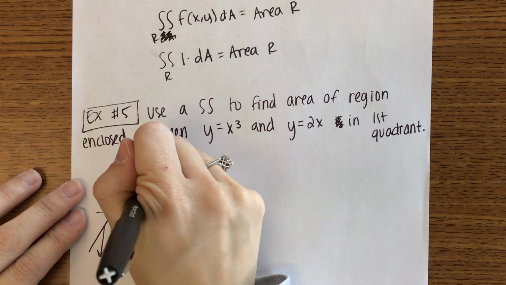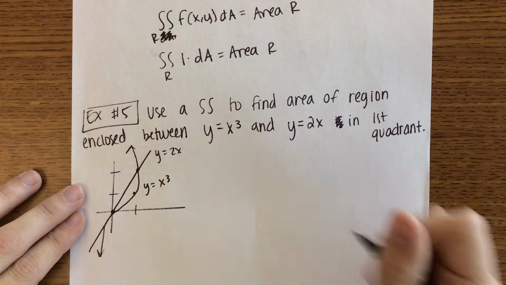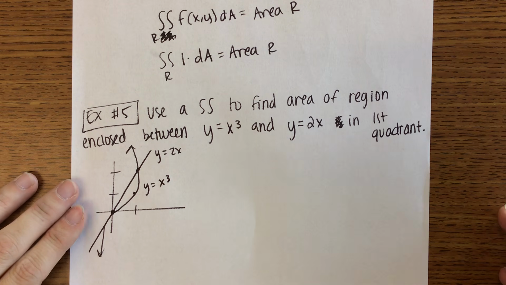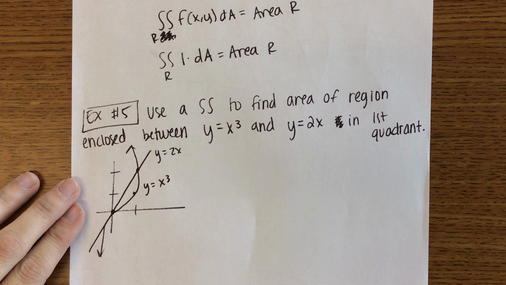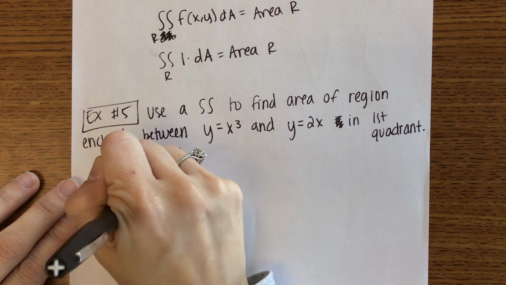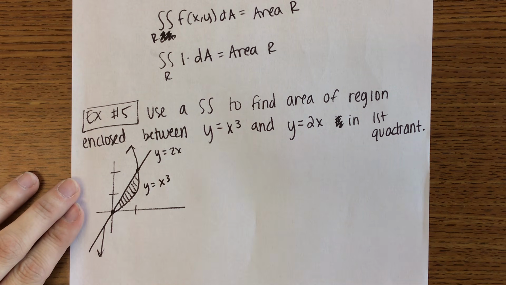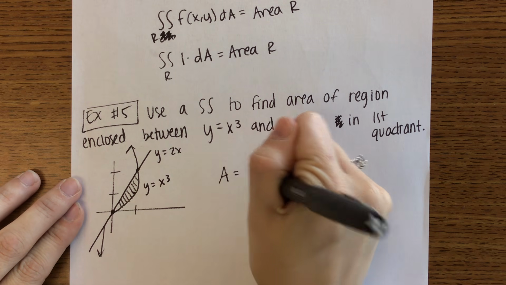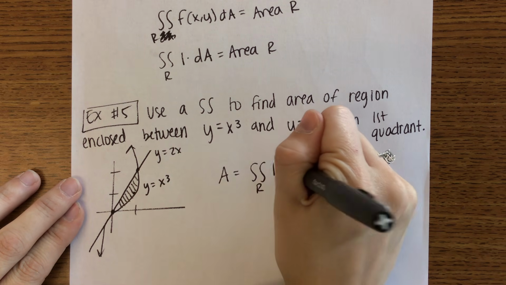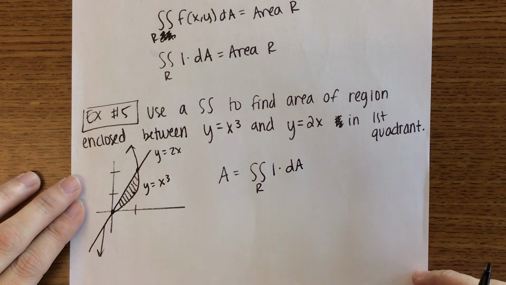As our y equals x cubed. Y equals x cubed, though, doesn't go through that point. That's just a poor figure. This is the area that we are calculating. So we're going to do a double integral over the region R of 1 times dA.